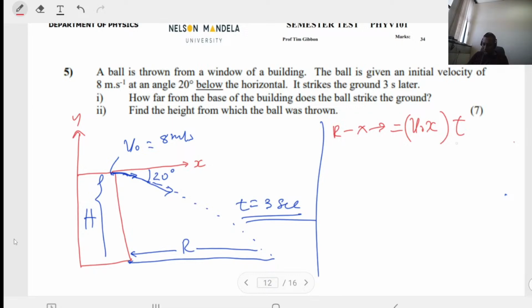If I know the time and v naught along x, I must be able to find that distance R. The y component has acceleration. So y equals y naught plus v naught y times t, plus or minus half g t squared. These are the two equations that I hope you use during projectile motion.